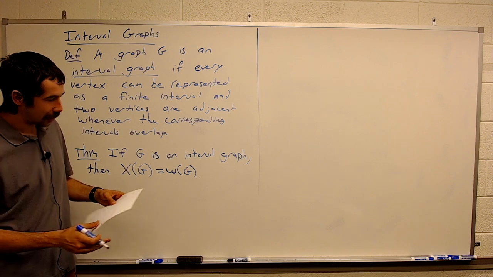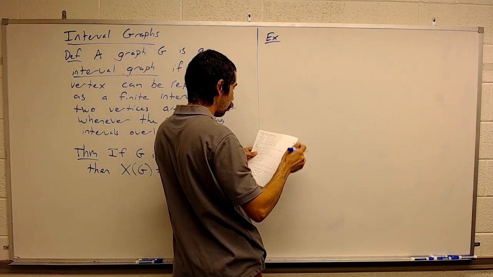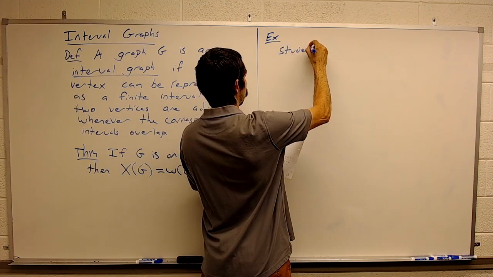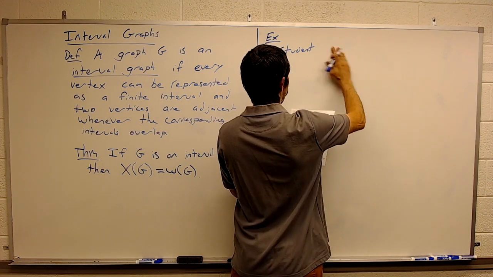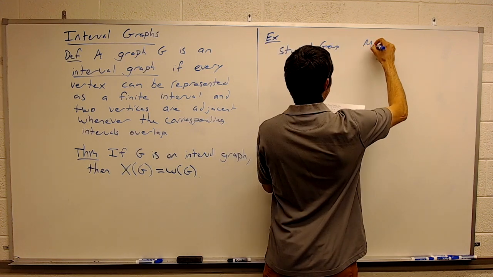All right, so let's take a look at an example. So suppose we have 5 student groups. And they have times that they want to meet.